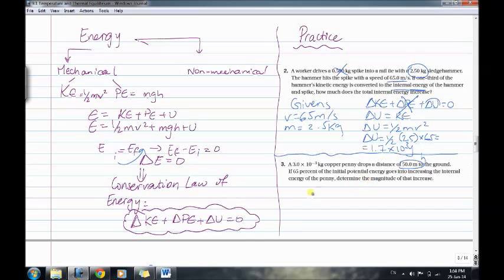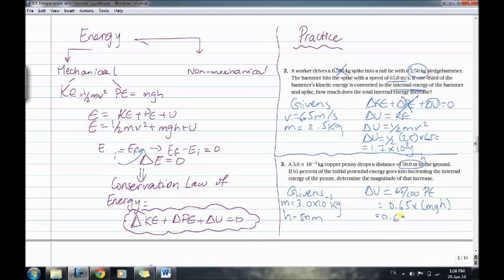So now let's write the givens. Here we have the mass, 3.0 times 10 to the power of negative 3 kilograms, and we have the height, which is 50 meters, and 65%. So delta U equals 65 over 100 PE, which equals 0.65 times mgh.